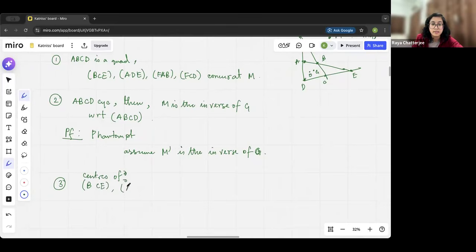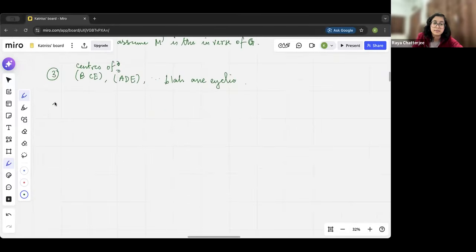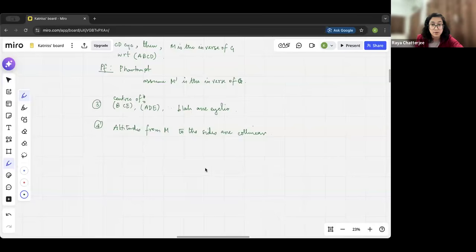Just going over some properties, another property is that the altitudes from M to the sides are collinear. If you want rigorous proofs of these things, then you can probably refer to EGMO. EGMO has nice walkthroughs. So this is probably everything you need to know about Miquel points.